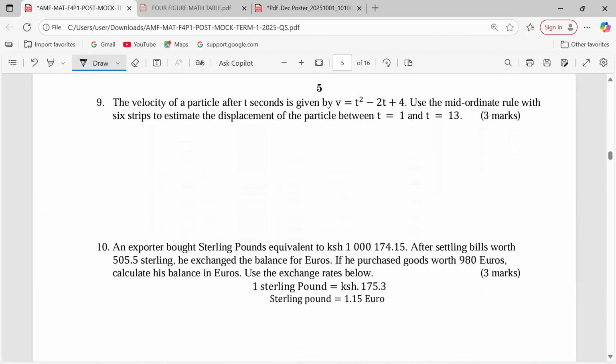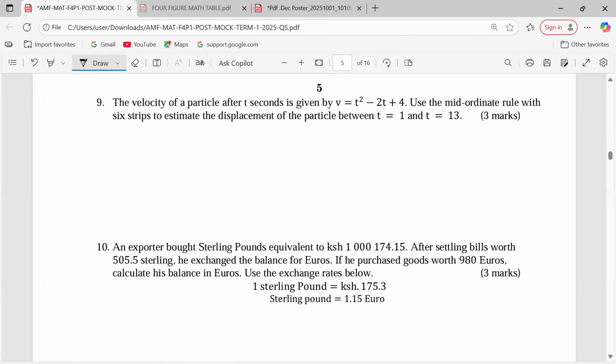Look at number 9. A very good question. The velocity of a particle after t seconds is given by v equals t squared minus ut minus 2t plus 4.